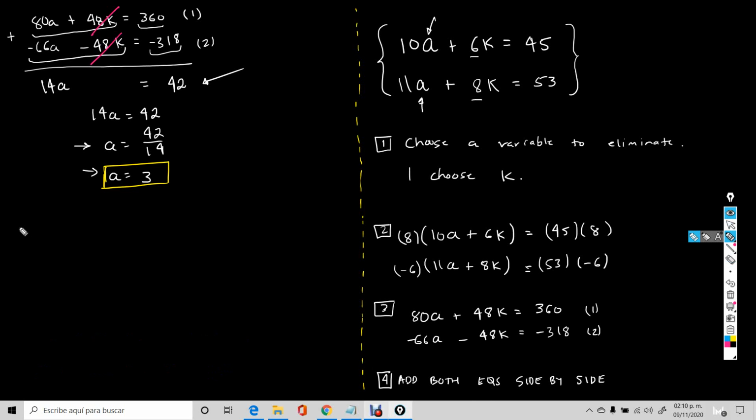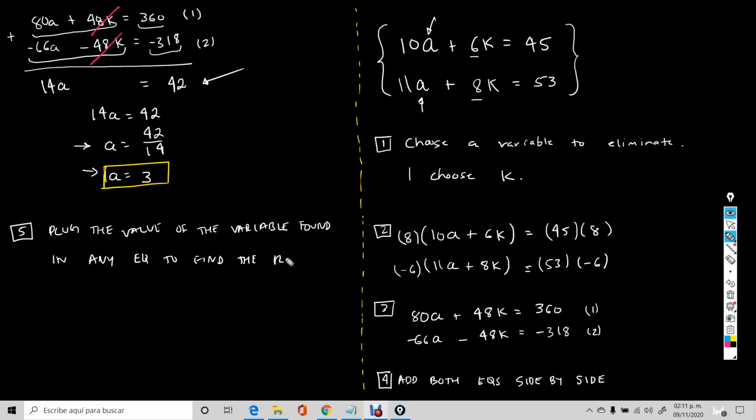Okay, and step number 5, plug the value of the variable found in any other equation to find the remaining variable.